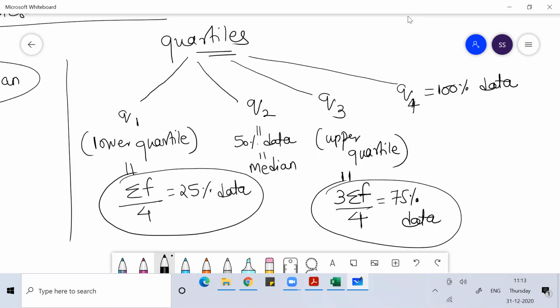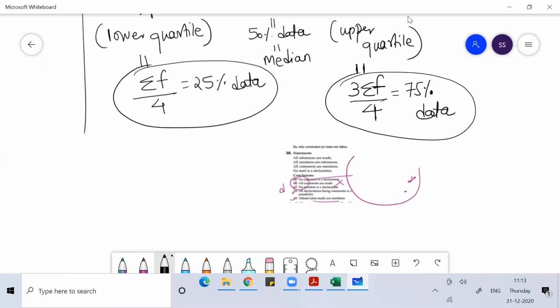So in quartiles, we'll study two parameters, Q1 and Q3. Fine. So 1 minute.